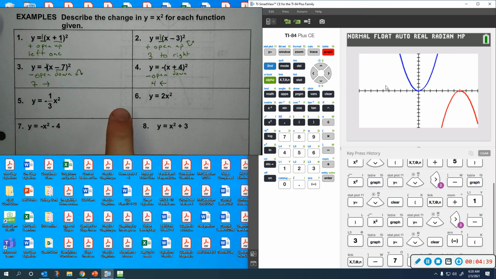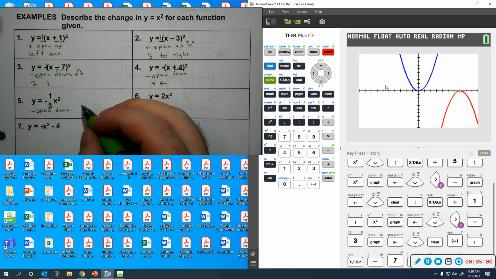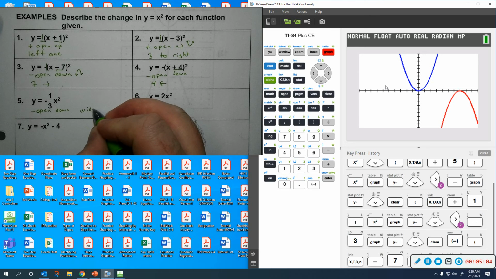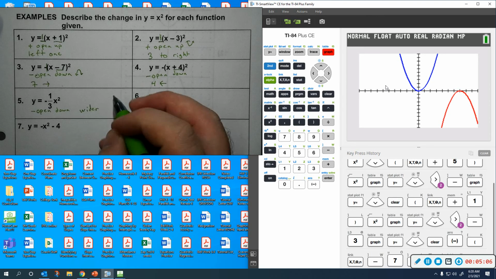All right, now, these ones should be reviewed from what we did yesterday. So I'll go through these really quick. Negative 1/3 x squared. The negative means it's going to open down. And since we have a coefficient smaller than 1, this is going to be wider than the original.